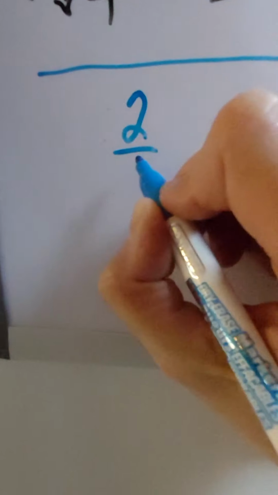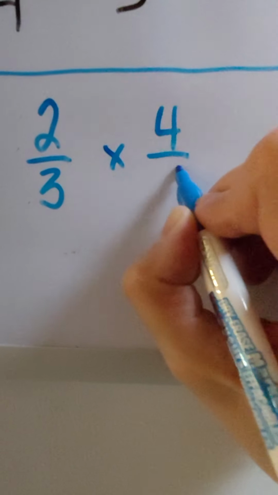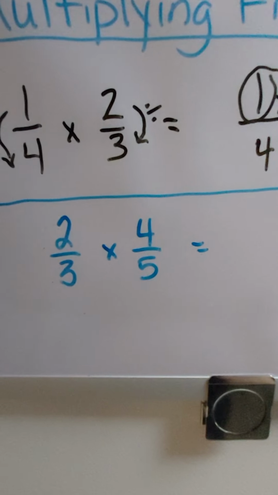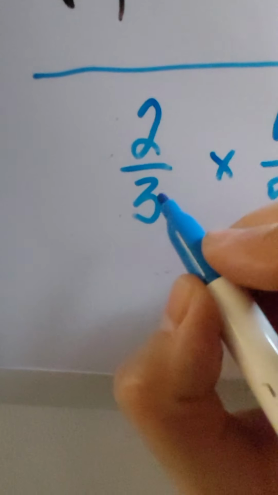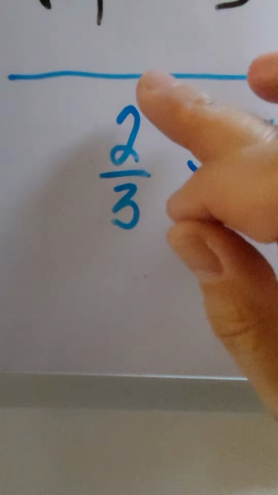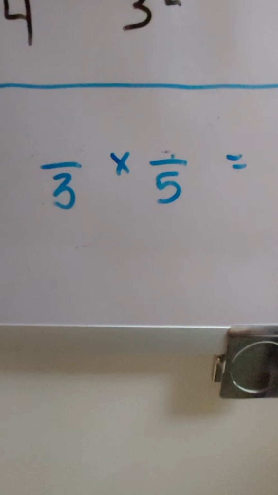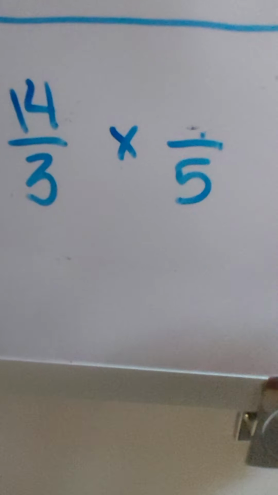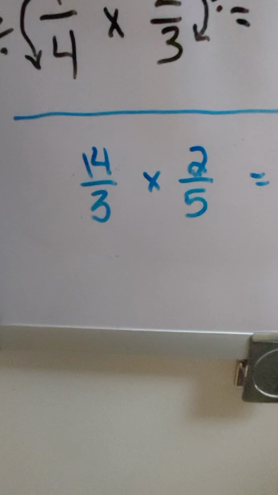How about 2/3, same as the first one, times 4/5. I think I just did this one, didn't I? Oh, Miss V. Okay, how about we change it then? See, when I'm on live camera, I make mistakes too, like I do in the classroom, but that's okay. We'll all learn together. How about 14/3, let's try that one, times 2/5.